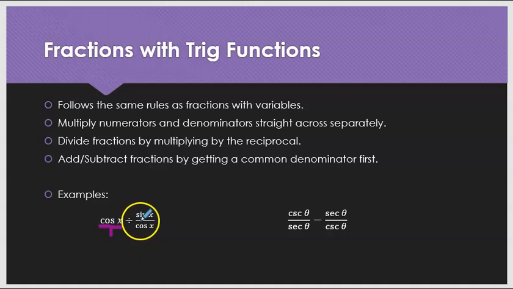I don't want to try and work out this division question as it's written. I'm instead going to show this as cosine of x over 1 times, and then we're going to flip the second fraction or find the reciprocal of it. So then this becomes cosine of x over sine of x.